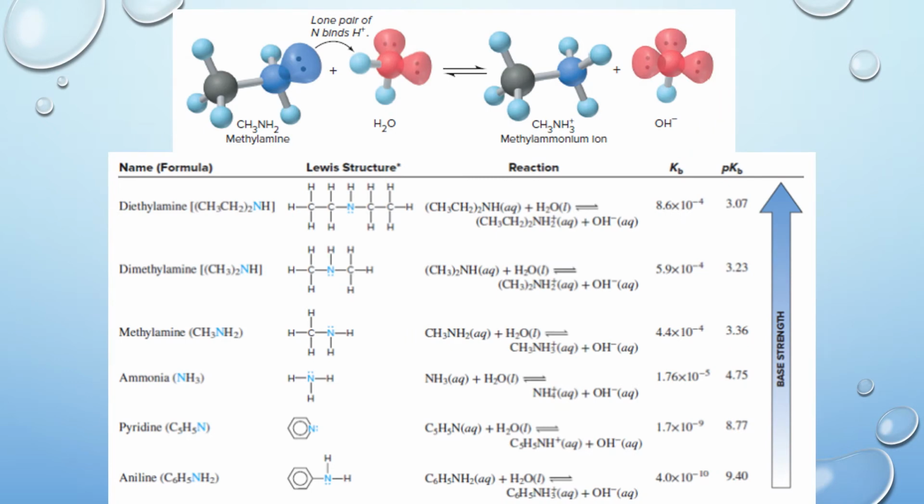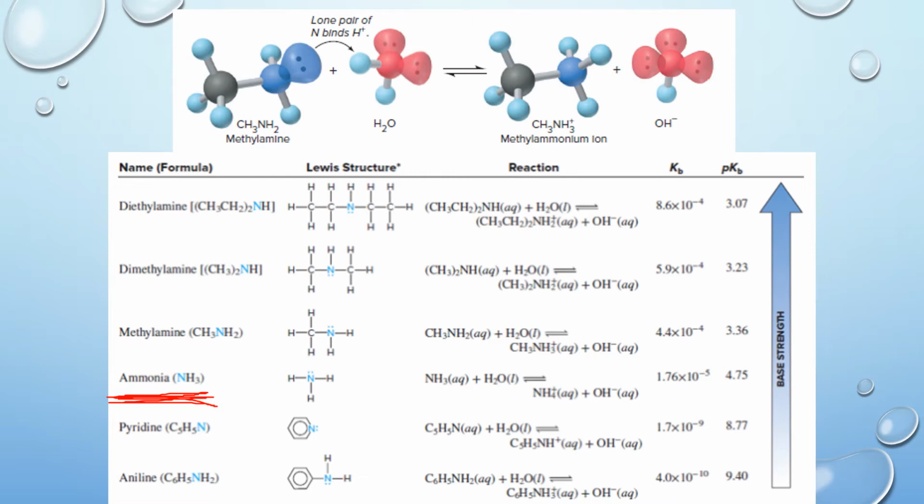In this table, you see the Kb values for different types of weak bases. We know that ammonia, NH3, is a weak base, and that's the example we used a lot in the previous lectures. Amines are molecules that contain hydrogen bonded to the nitrogen, but also the nitrogen is bonded to some carbon chains.